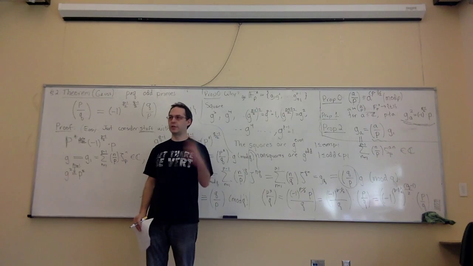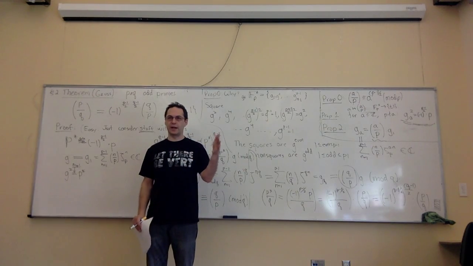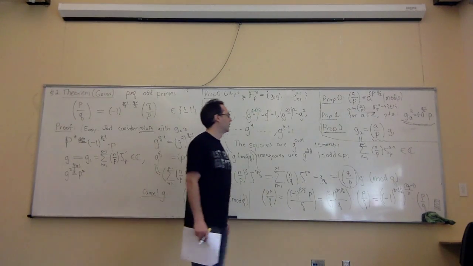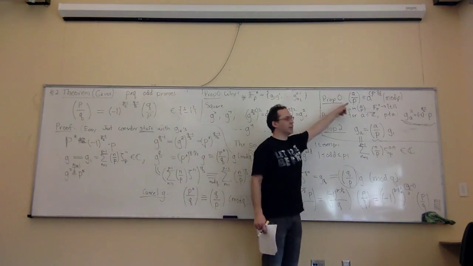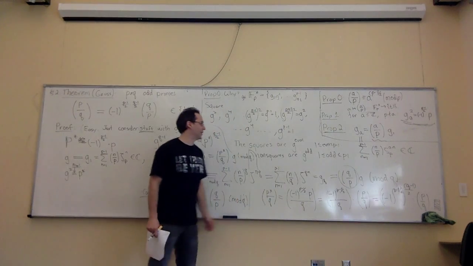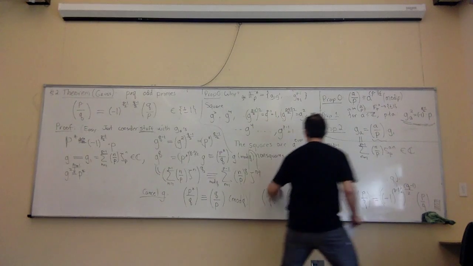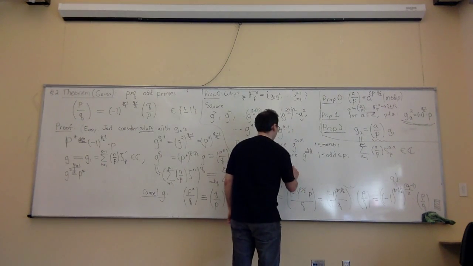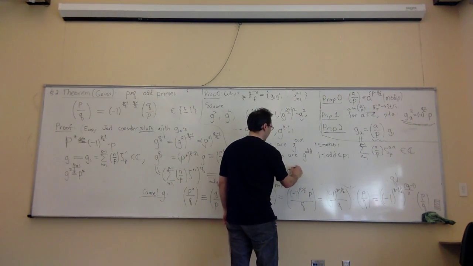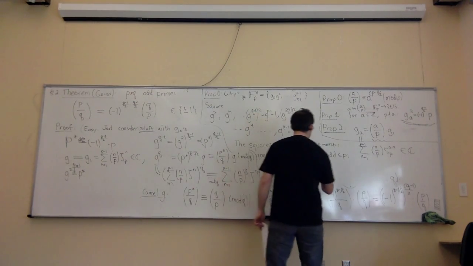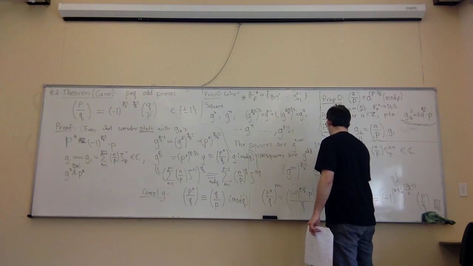If you fix a generator g, then the squares are exactly the even powers, and the non-squares are the odd powers. From which this should be clear, but you have to think a little more about it. If you take g to the power m, and then raise it to the power of (p minus 1) over 2, you're just asking whether that's plus 1 or minus 1.